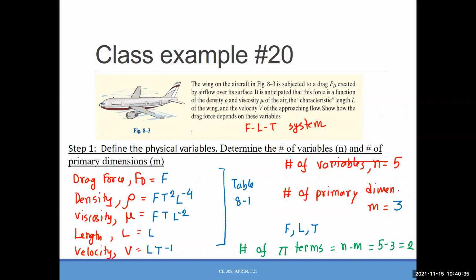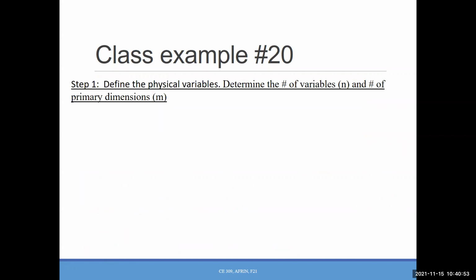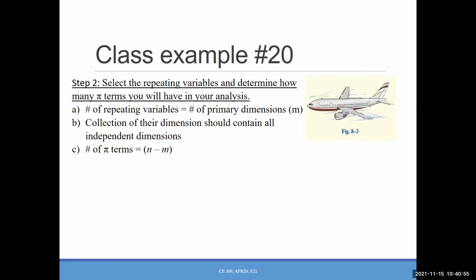Now the next step, repeating variables. That's what we will do for step 2. Everyone's done up to this point? Okay. So number 2, select the repeating variables and determine how many pi terms you will have in your analysis.